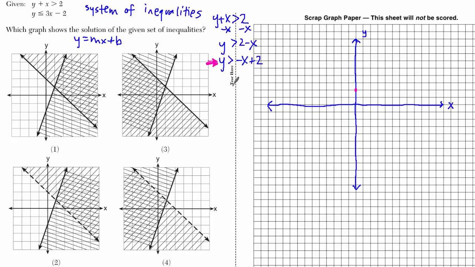When we have a slope of negative 1, we can think of that as negative 1 over 1. So the change in y is negative 1, and the change in x, rise over run, is positive 1. When the change in y is negative, we are going down by 1. And when the change in x is positive, we're going to the right. So we're going down and to the right, and we'll plot a second point.